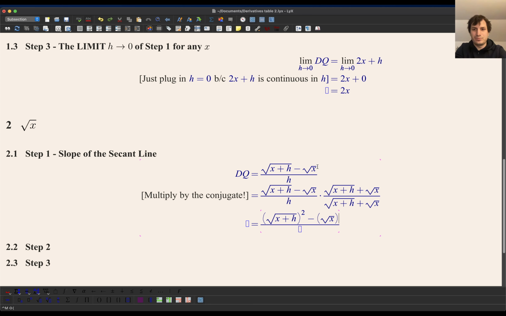That's on top. The denominator is some kind of horrible mess, but never mind. We'll just copy and paste it. Here's the denominator. There's an h, and then there should also be these terms. So that's what it is by using difference of squares on the top.